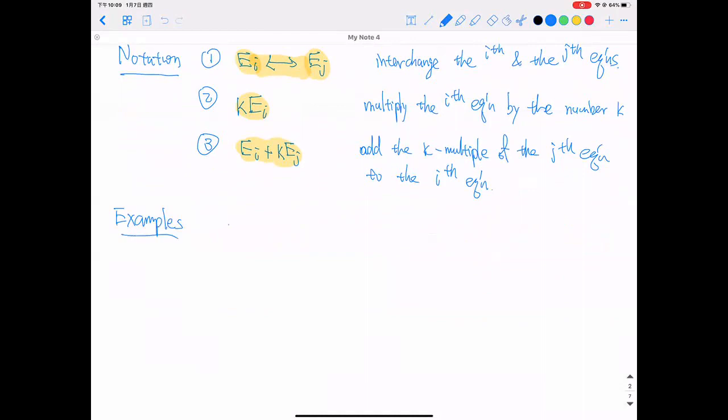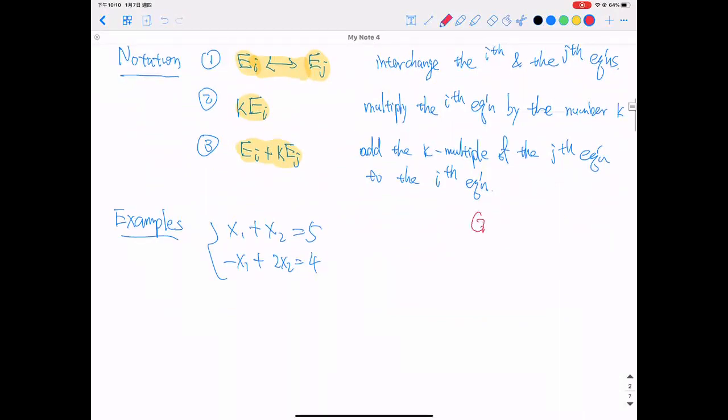So let's say you have x1 plus x2 equals 5, and minus x1 plus 2x2 equals 4. And keep in mind that the goal of performing these operations is to eliminate variables.